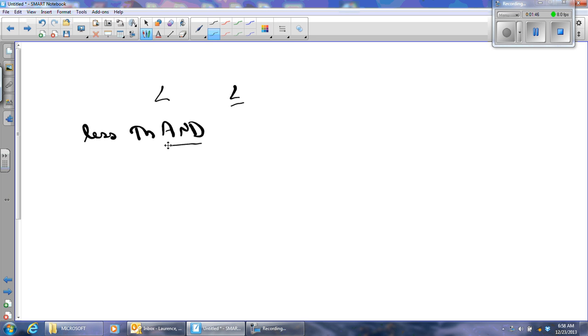Remember the ands from when we did inequalities before? And then when I see these symbols, I like to call those great ors. Okay, so less thans and great ors. That'll help me set it up properly, and that'll also help me with my number line.